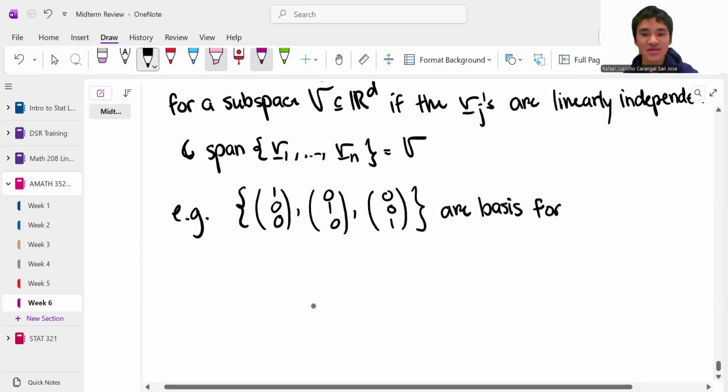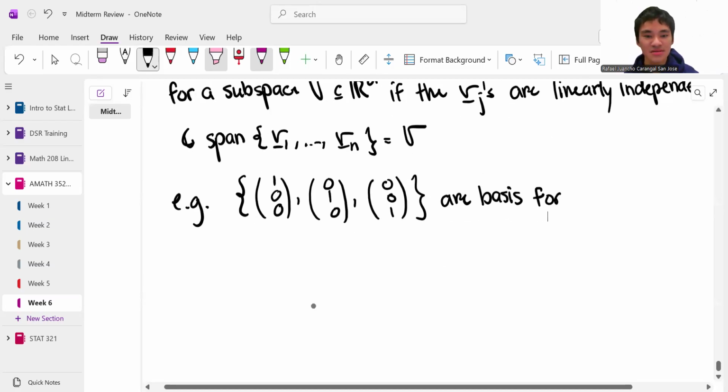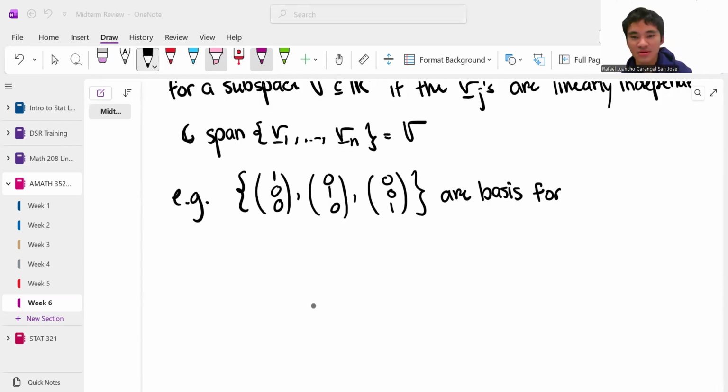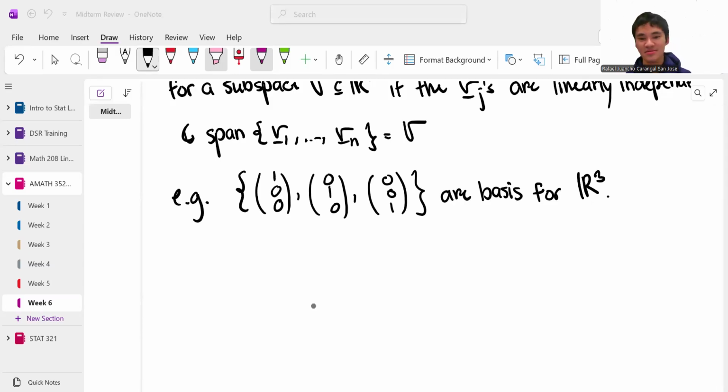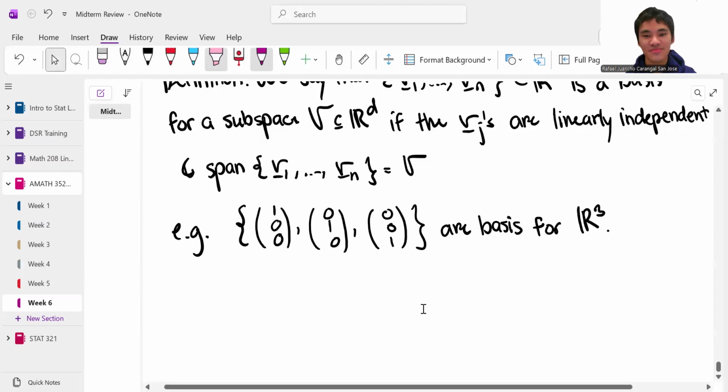So the set is actually a basis for what? R3. So the thing apparently that we've been discussing in Calculus 3 has now been connected to here. Now we know the reason why they call it standard basis vectors.